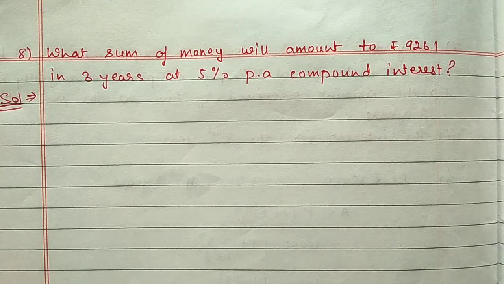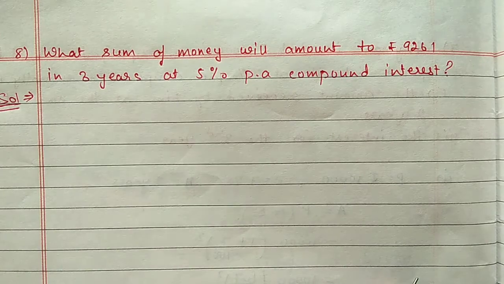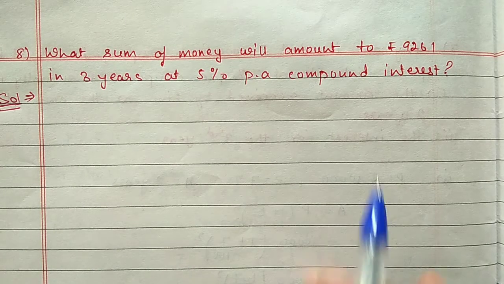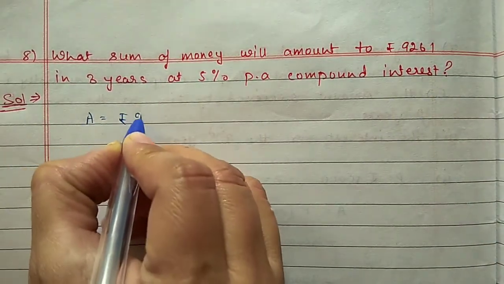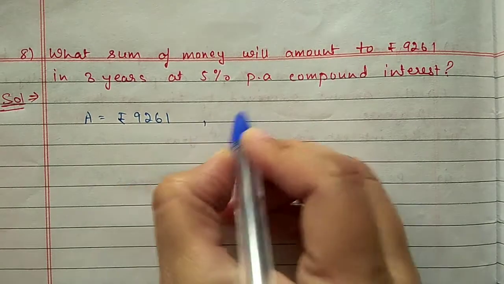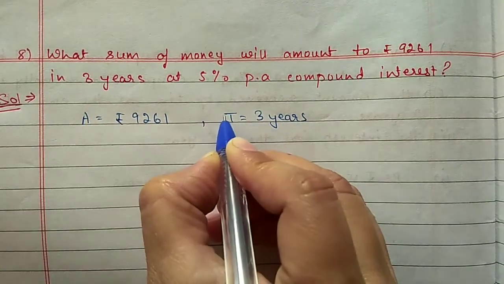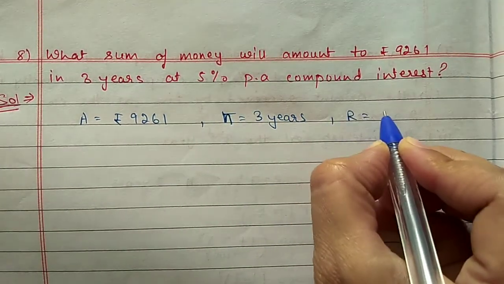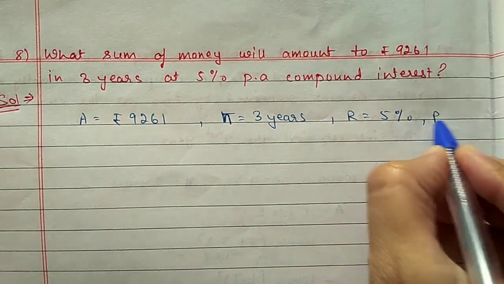Next, question number 8. What sum of money will amount to 9261 rupees in 3 years at 5% per annum compound interest? So amount is given here, 9261 rupees. Time is given, 3 years, which we will represent with n, and rate of interest is given, 5%, and we have to find out the P, the principal money.